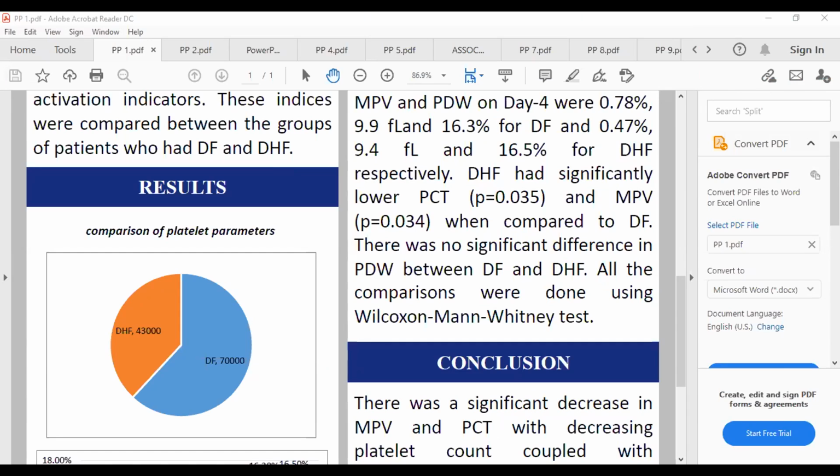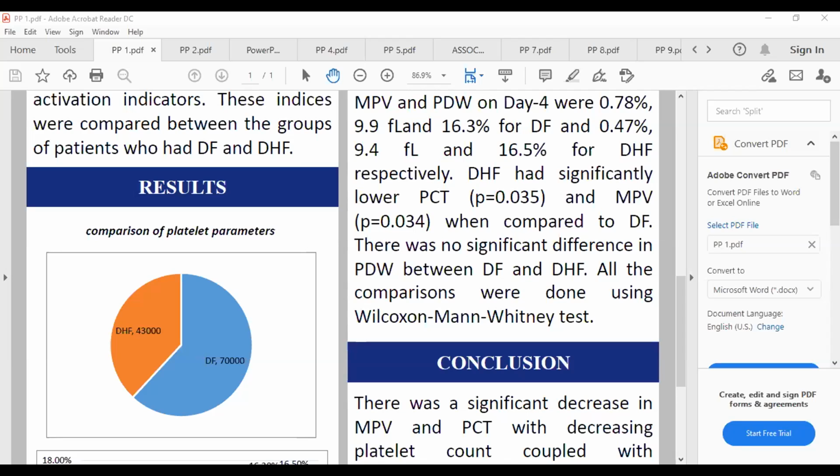I have another question. Now, PCT is a manifestation of a low platelet count. So when you have a low platelet count, anyway, the PCT will be low. So that is again another finding associated with the low platelet count, isn't it? So you cannot say that is really predicting something. But mean platelet volume, are your findings different from findings elsewhere?